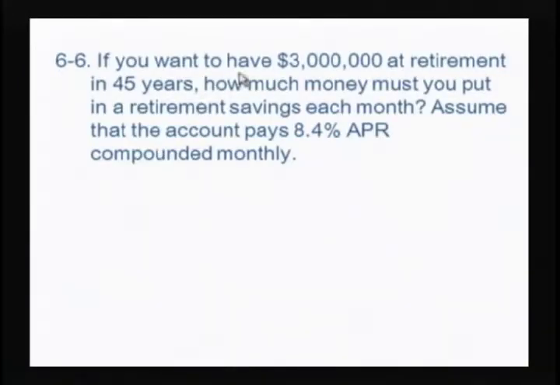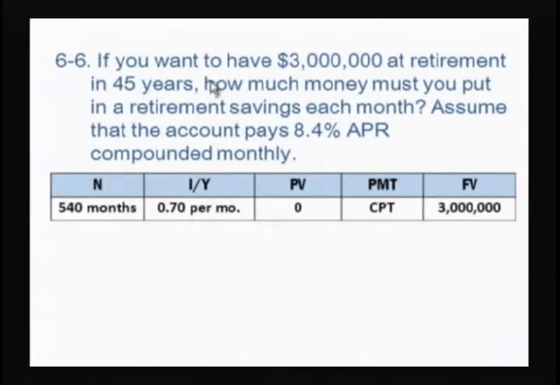Problem 6.6 says if you want to have $3 million at retirement in 45 years, how much must you put in a retirement savings account each month? Well, the payments will be made monthly, interest will be earned monthly, so this 8.4% APR will be compounded monthly, so we're going to do everything on a monthly basis. 45 years on a monthly basis is 540 months.